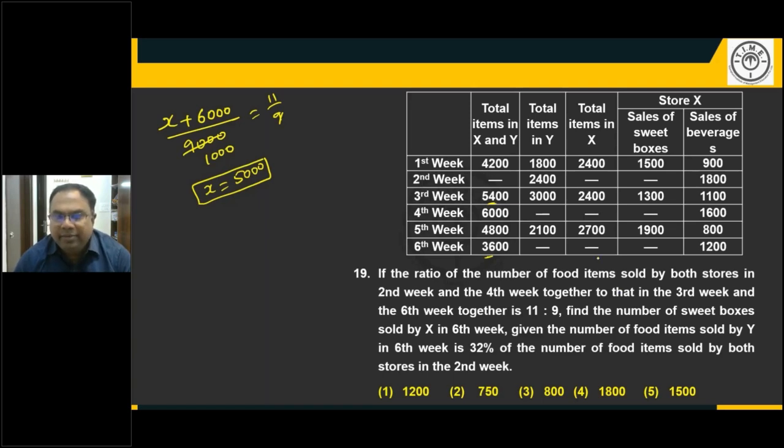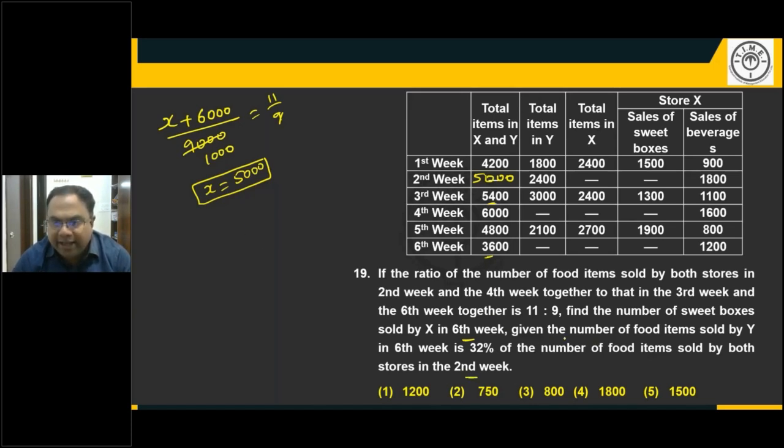Find the number of sweet boxes sold by X. Okay, X is 5,000 and this is 5,000. Number of sweet boxes sold by X in sixth week. Given that total food items sold by Y in sixth week is 32% of total number of food items sold by both stores in second week. Both stores is 5,000.